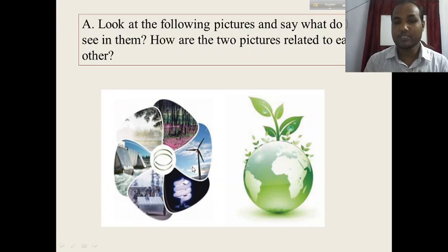And the relation between the two pictures is that if we use different renewable energy sources, then we will be able to get a green globe, which is very essential for our survival on the earth.